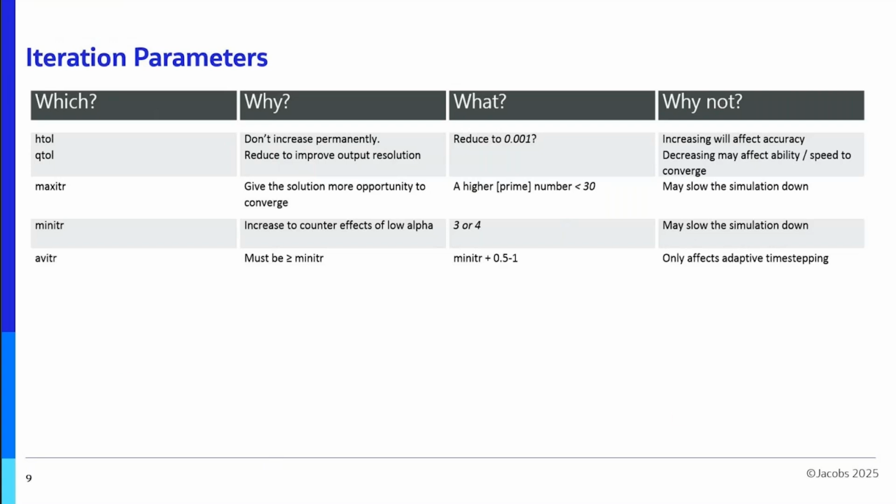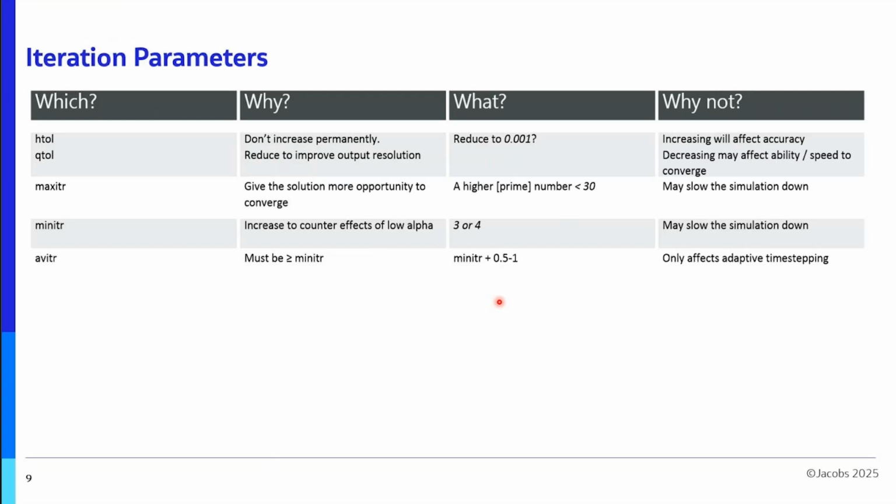Finally, for AVTR, as I said before, it must be greater than or equal to min-iter, and again, it only affects the adaptive time stepping. As I say, it's an attempt to tell Flood Modeler to double the time step.